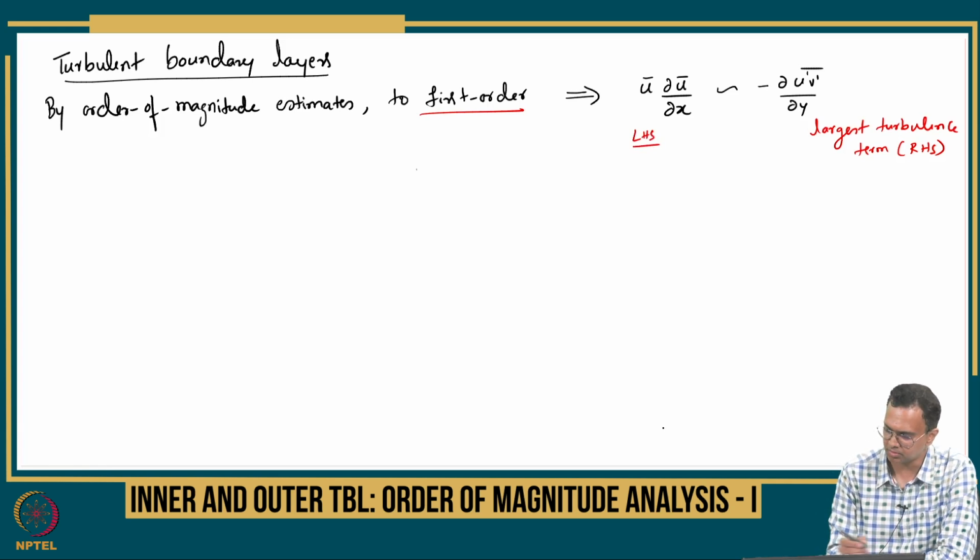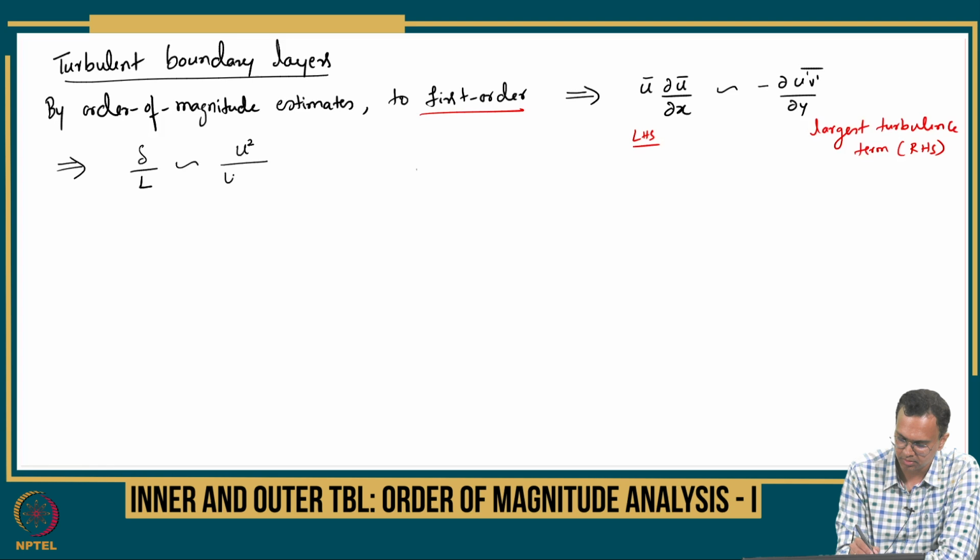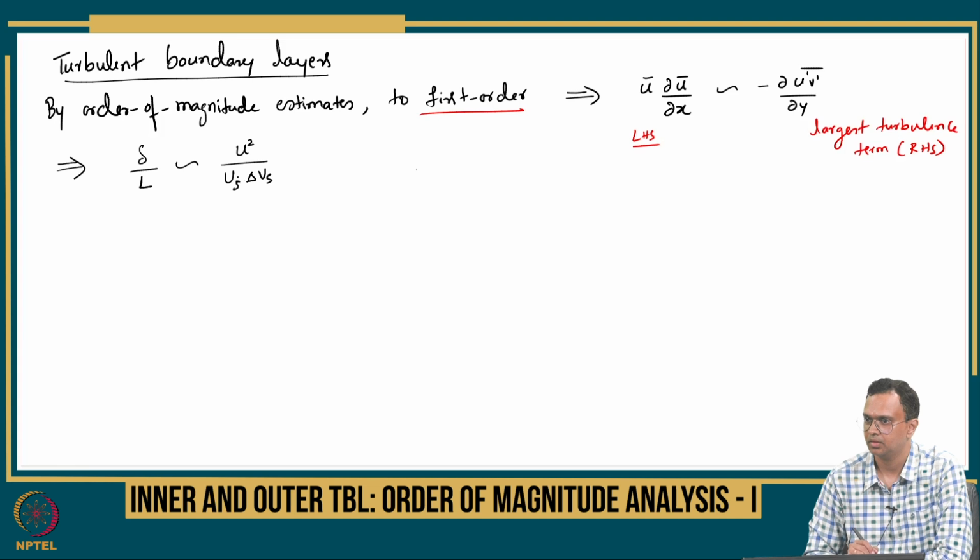And with this, of course, we learned that the boundary layer growth depends on the turbulence intensity, it is U square by US delta US. The boundary layer growth in a thin boundary layer grows like turbulence intensity.